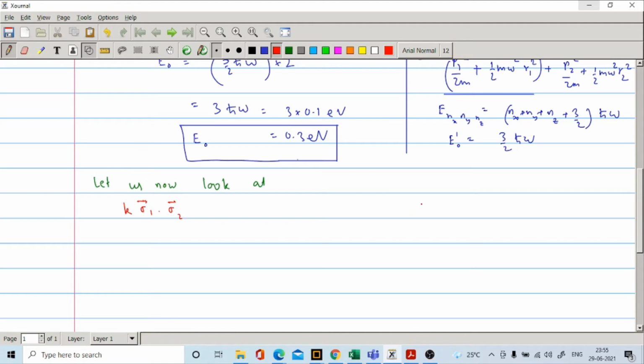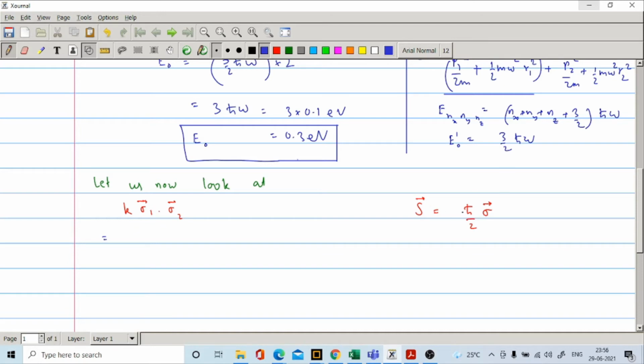We know that the spin operator S is h bar by 2 sigma, where sigma is the Pauli spin matrices, and S is the spin operator. So let us express this in terms of the spin operators.